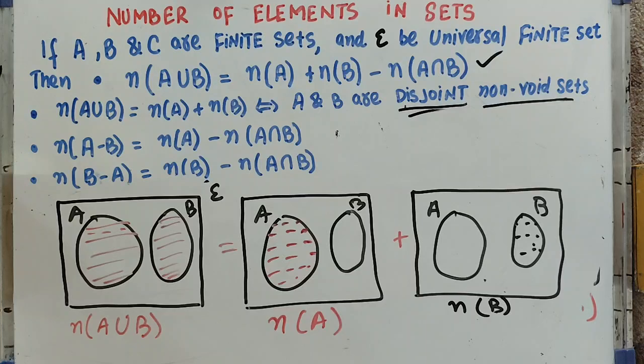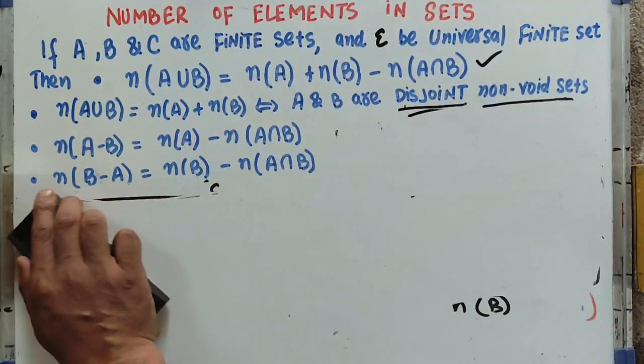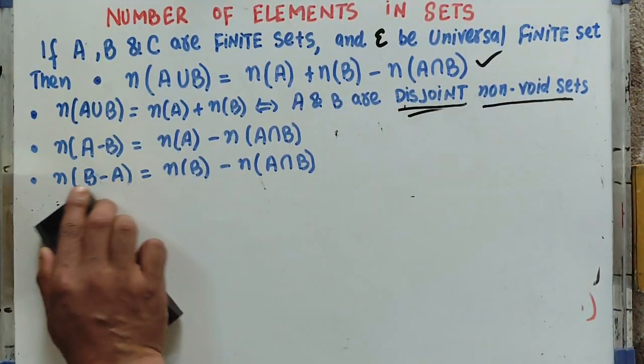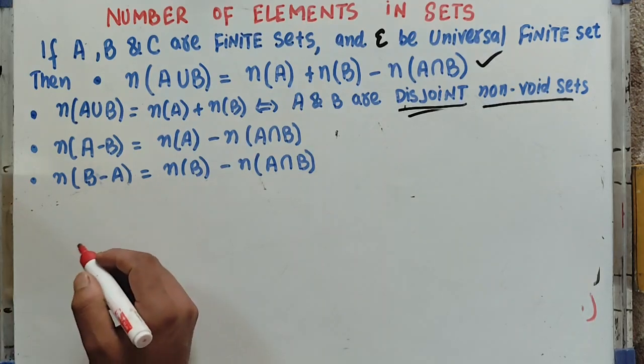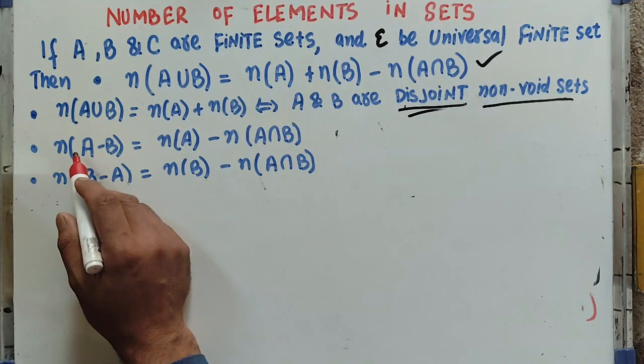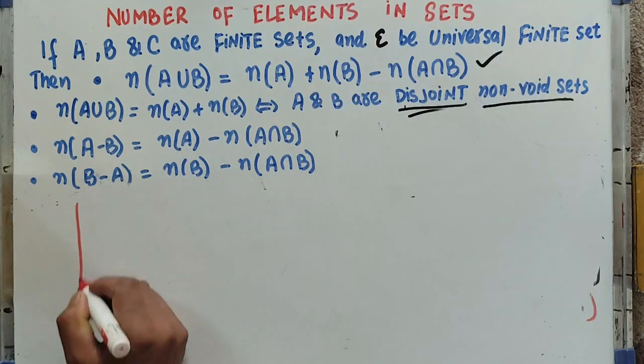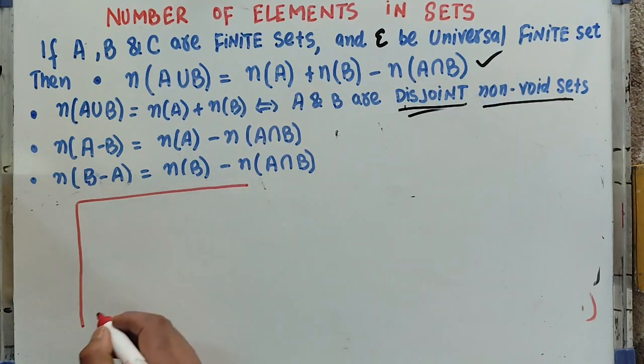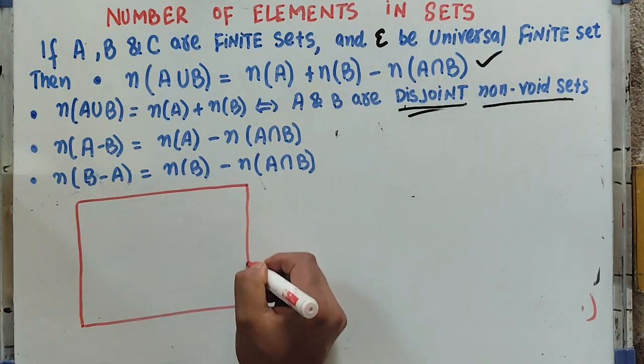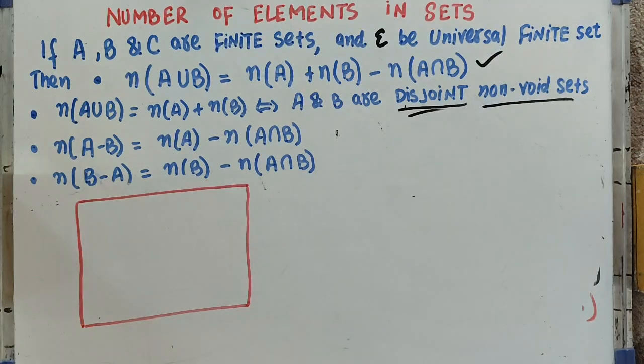Okay, so this is the second property. Now coming to the third property: number of elements in A minus B. Let me try to draw it here again. So we have two sets.